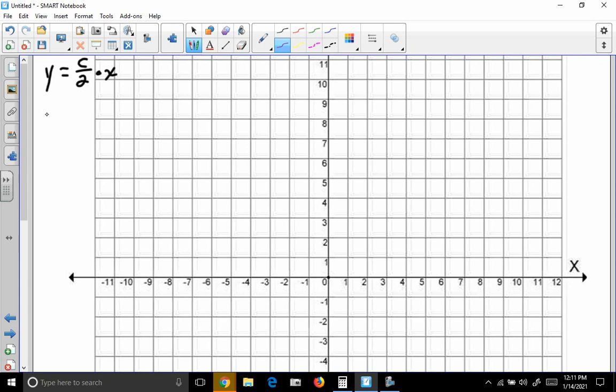So let's do C equals 0, 2, 4, -2 and -4. So let's do those 5. If C is 0, we get y equals 0.